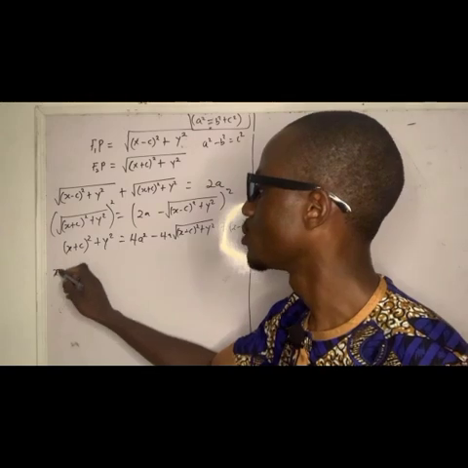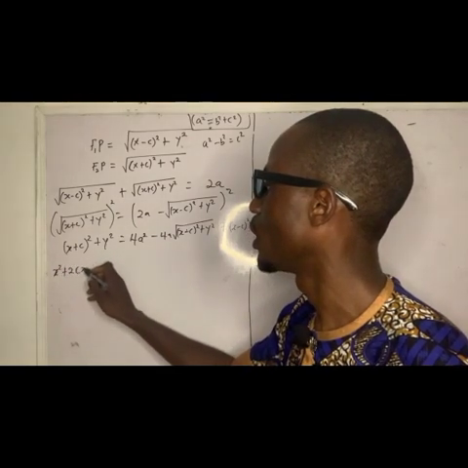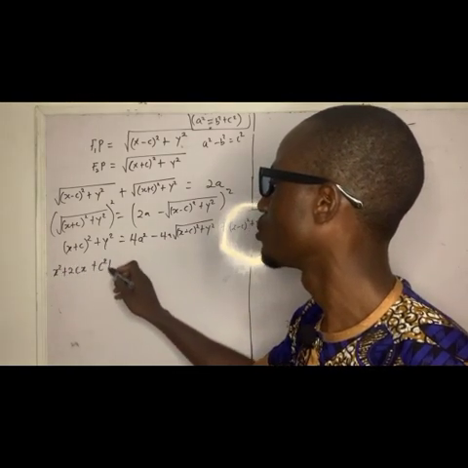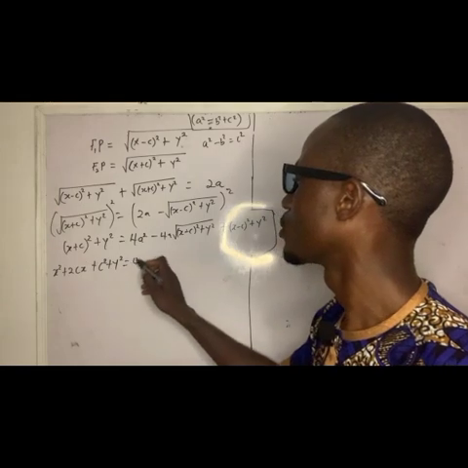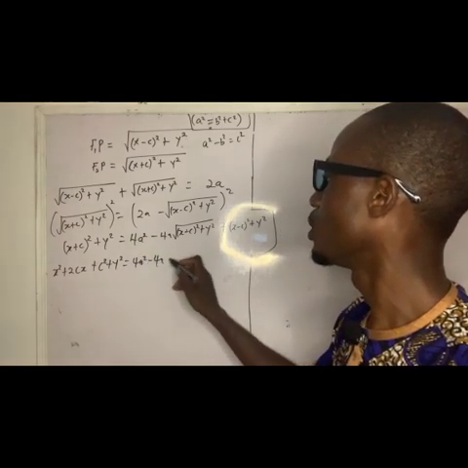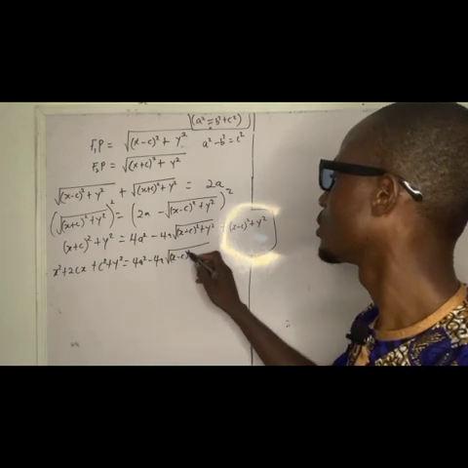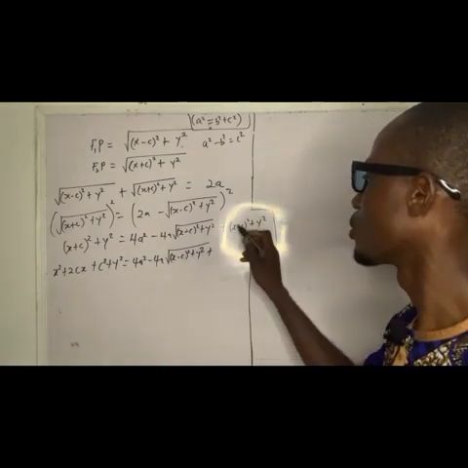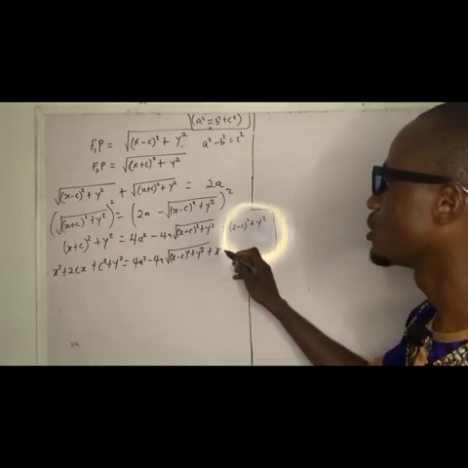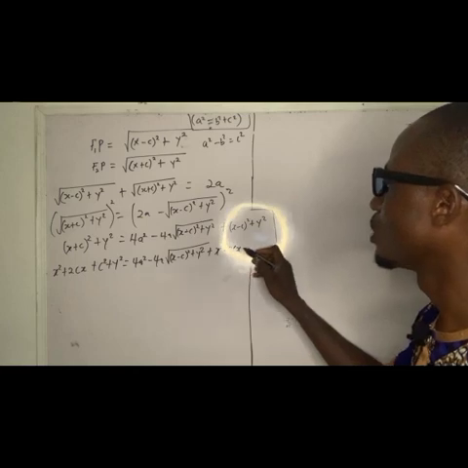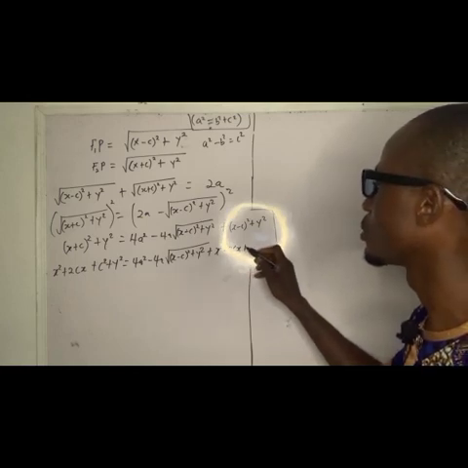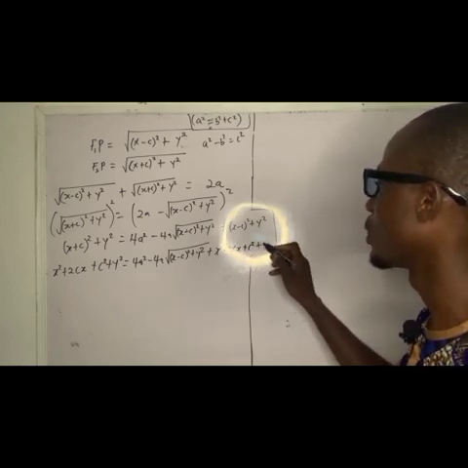So here will be x squared plus 2cx plus c squared plus y squared equals 4a squared minus 4a root (x minus c) all squared plus y squared, plus this will give us x squared minus 2cx plus c squared plus y squared.